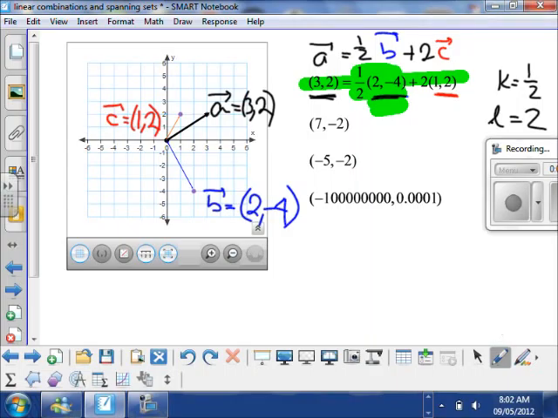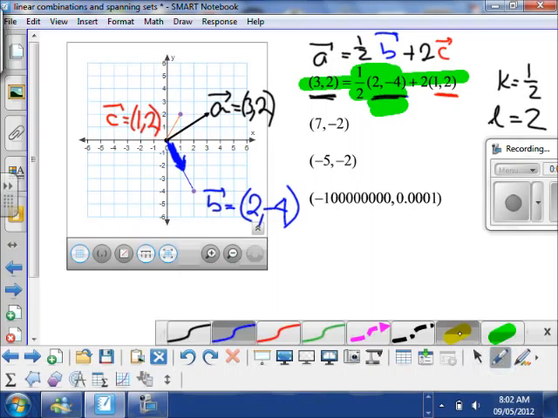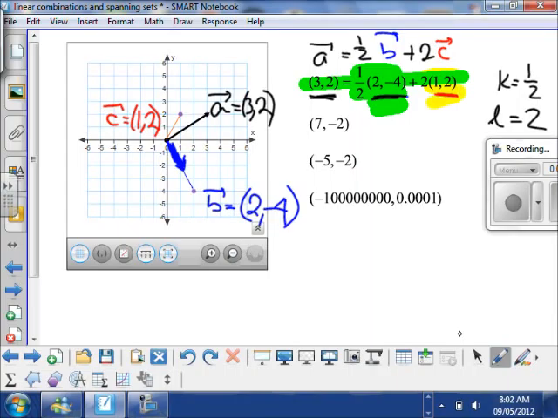So approximately half must be this. Maybe a little bit shorter, but anyway, we have an idea. That's the vector 1 over 2 times B. What is the meaning of the second part here?